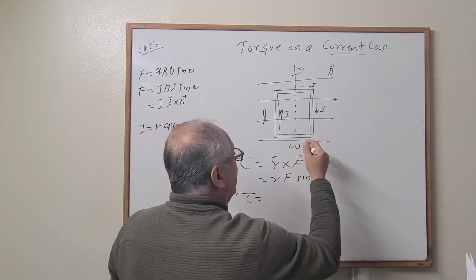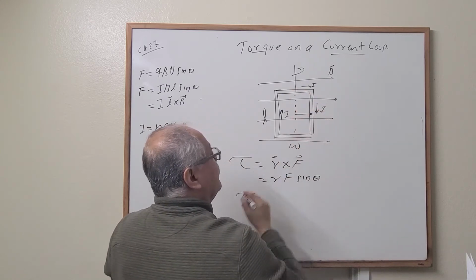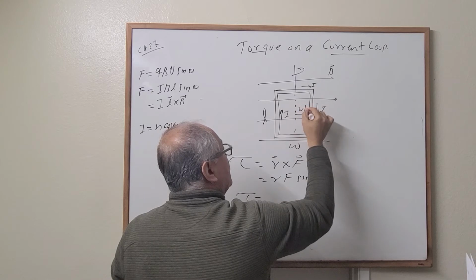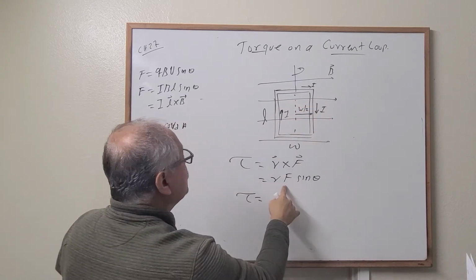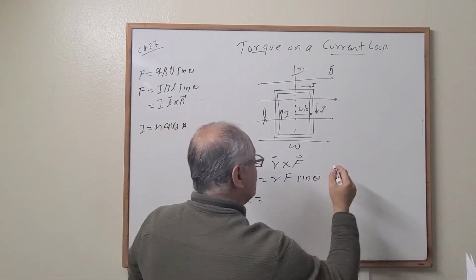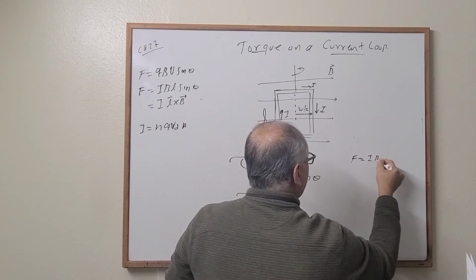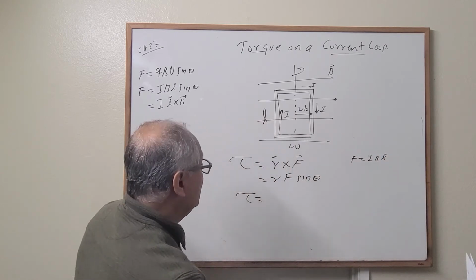What is R? R is the distance from the axis of rotation to the point where we apply the force. This is R, which is going to be W divided by 2. And what should be the force? The force is this force right here, correct? So the force is equal to current times B times L. Okay, let's do it.